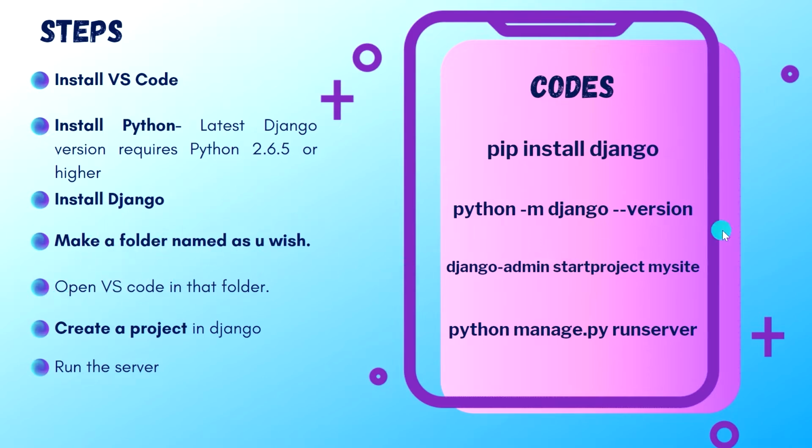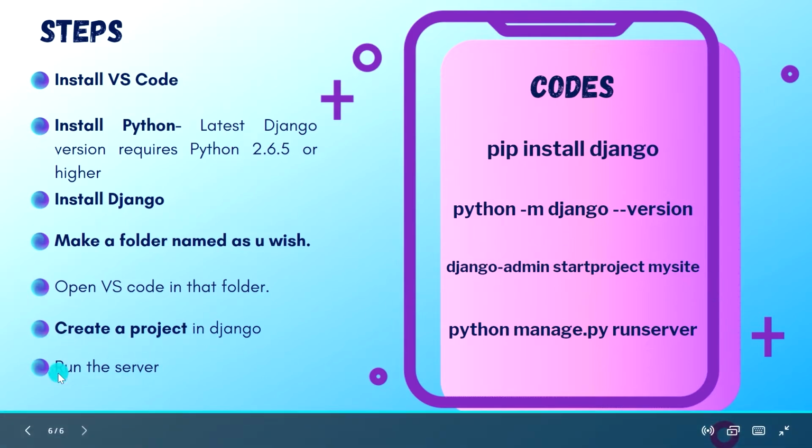So after opening VS Code in that folder, we start our project. So we run this command in the terminal of VS Code, django-admin startproject mysite. Now this mysite can be the name of your project, whatever you want to name it. Then we create a project with this command, as I said, and then we have to run the server using this command, python manage.py runserver.